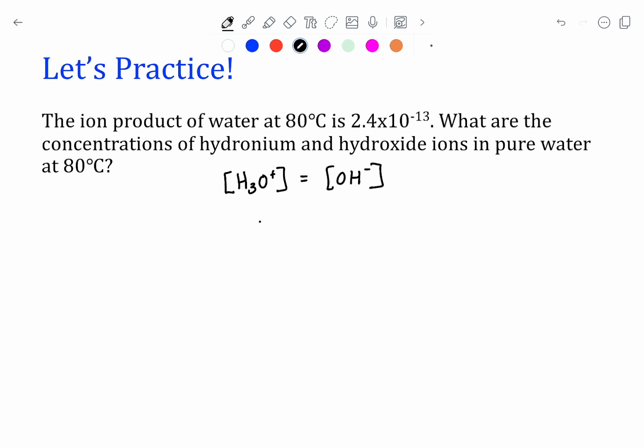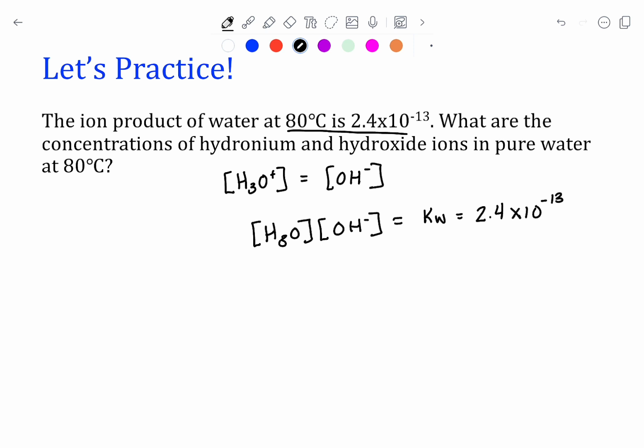We know that the concentration of H3O plus times the concentration of OH minus is always going to be equal to Kw, which in this case at 80 degrees Celsius is equal to 2.4 times 10 to the minus 13.